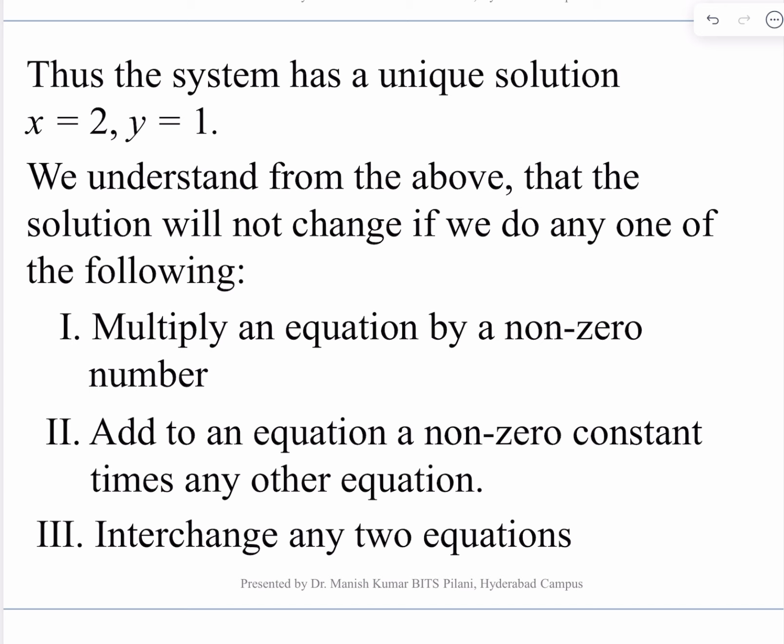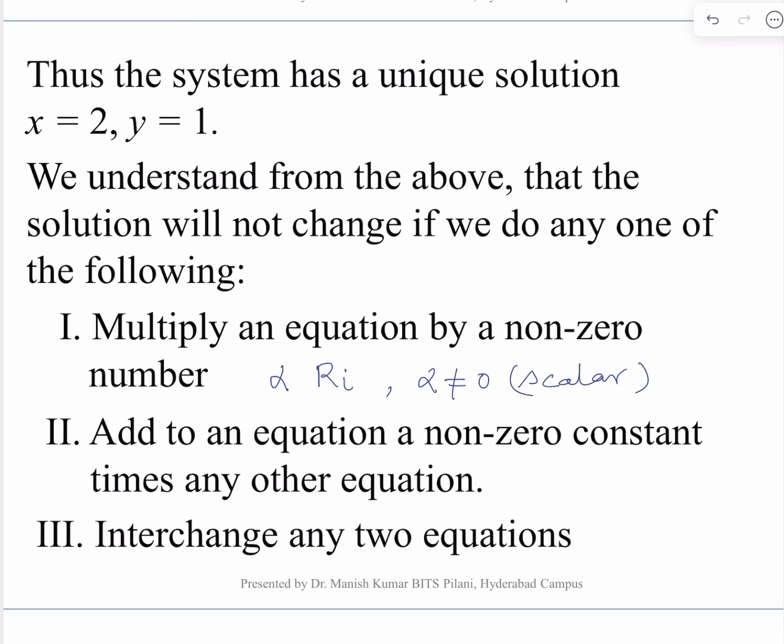So in short, if I have any row Ri, I can multiply it by a non-zero constant alpha, a scalar, or you can say a real number.